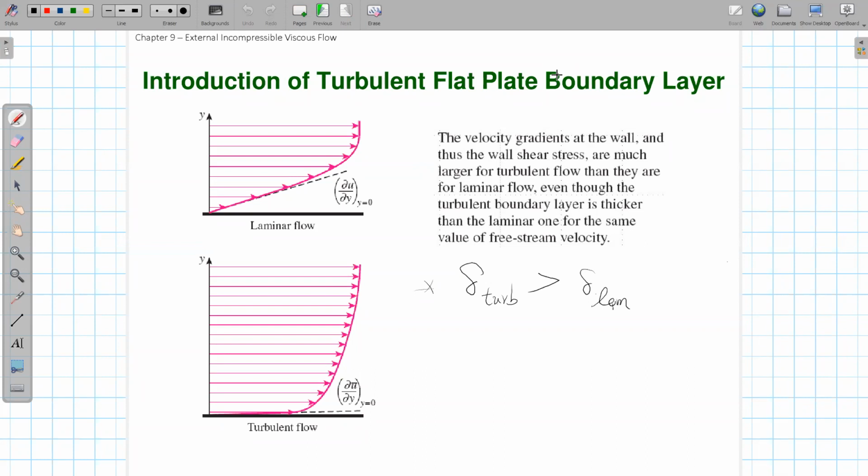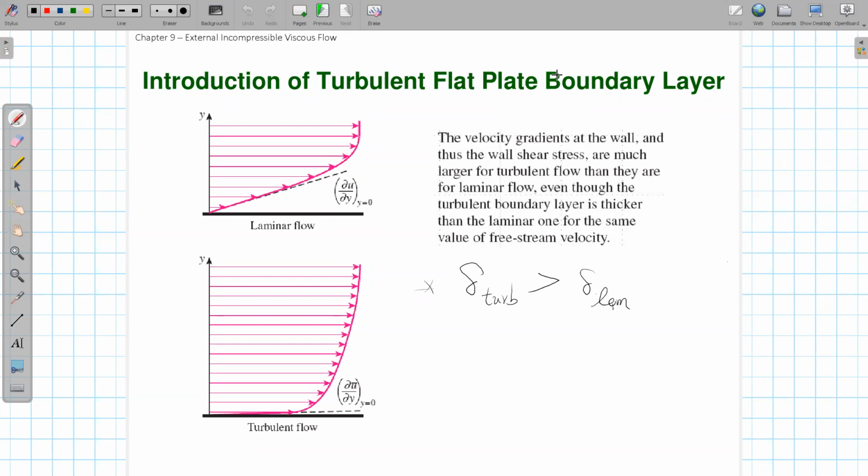And we know that turbulence is more chaotic. In other words, turbulence has a stronger capability to transport things. Be careful about the word I'm using here. What are these things? It can be momentum, energy, or entropy, whatever.